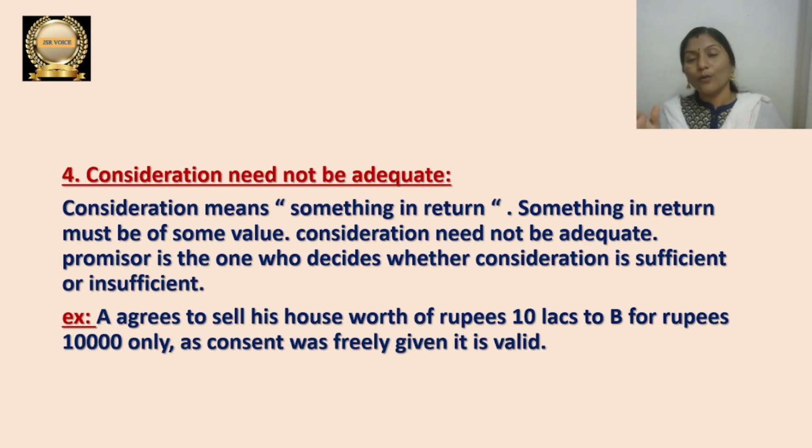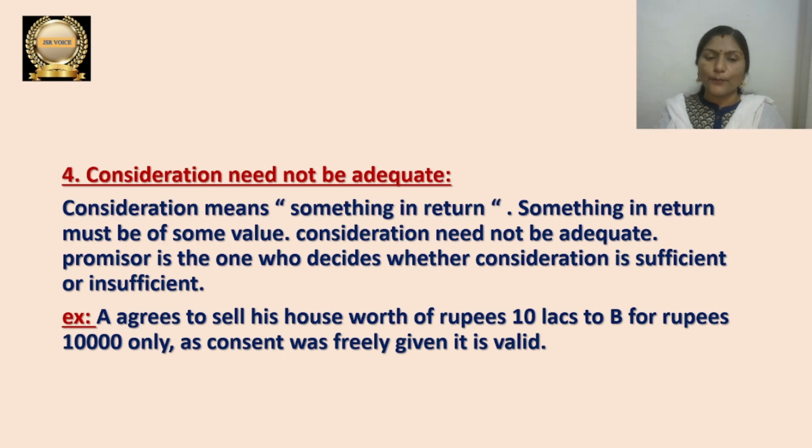The promisor is the one who decides whether consideration is sufficient or insufficient. Okay, if the promisor is accepting anything from the promisee, then that is valid, but he has to receive at least some consideration. It may be less, it may be more. So then it is valid actually. So here the promisor is accepting any value of consideration from the promisee, that is a valid consideration.